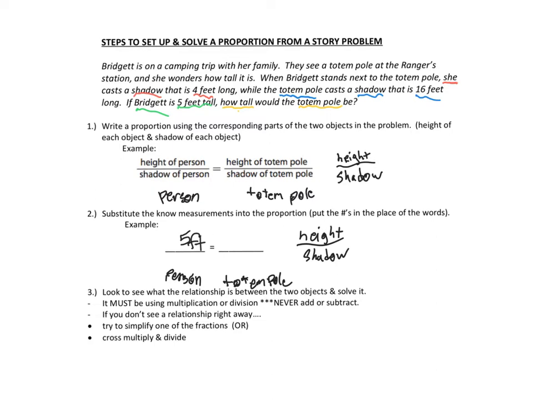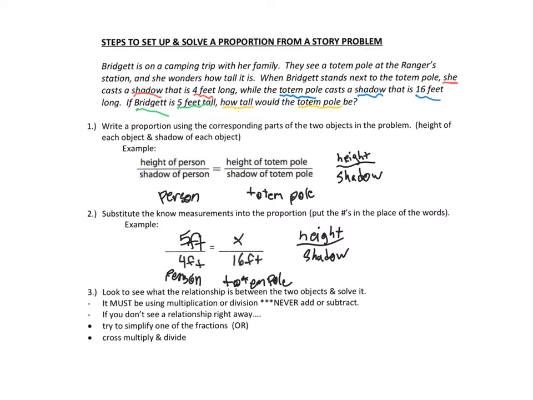Then we can look at the shadow of the person. It says she cast a shadow that is 4 feet long. Then the height of the totem pole, we don't know. That's what we're looking for. How tall will the totem pole be? And the shadow of the totem pole is 16 feet.